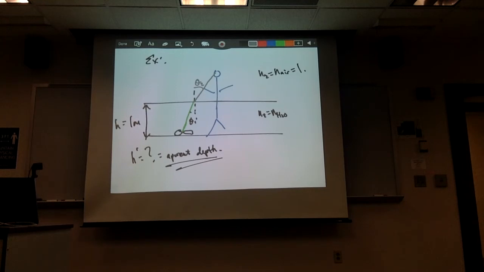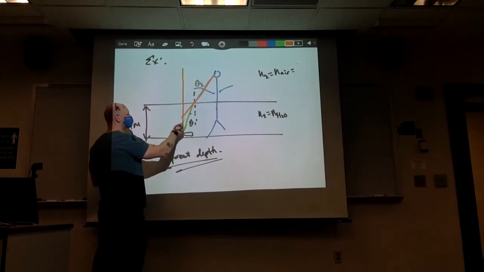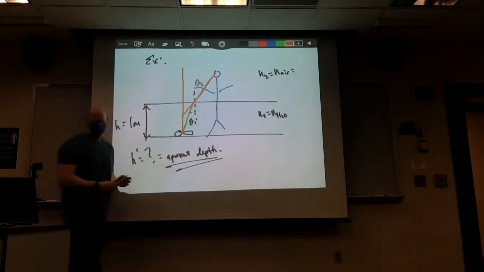Now, as we discussed, let me draw a line here. If I draw a straight line here, what's going to happen is she's going to ray trace the line backwards, because this is what her eye does, and it appears to be located at this location here. So the light seems to originate from this particular location.